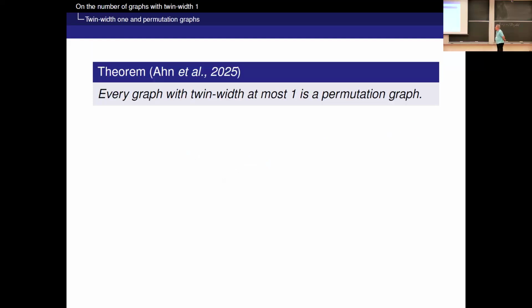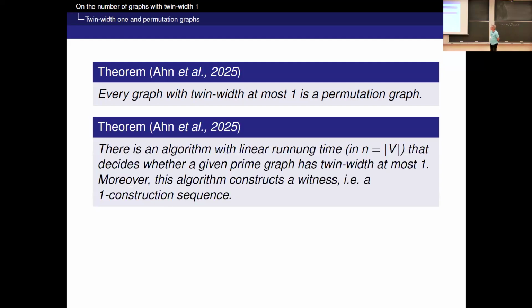So some results: why did I tell you about permutation graphs? Because every graph with twin width at most 1 is a permutation graph. There is also an algorithm that detects in linear running time that a graph has twin width at most 1.